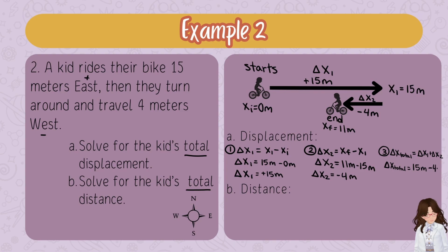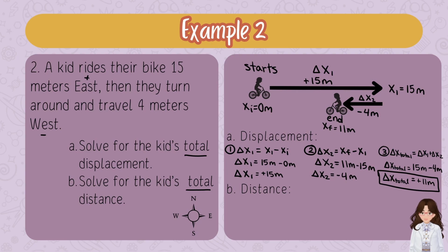So that's like minus 4 meters. And in this case here, our total displacement is going to be 15 minus 4, which is positive 11 meters. Again, the positive sign is completely optional, but what it lets me know is that the kid ends up riding their bike 11 meters east from where they started.